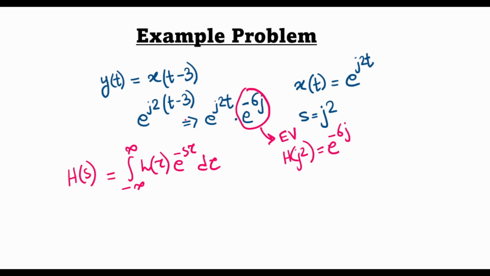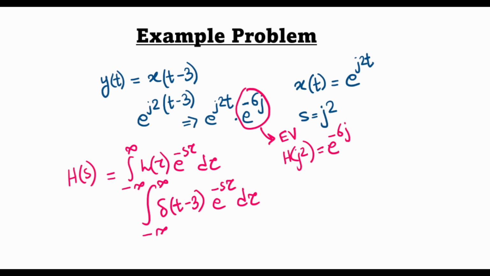Now since we know that the impulse response of the system is found by replacing x of t with delta of t, I will write here the integral from minus infinity to infinity of delta of tau minus 3 times e to the power minus s tau d tau.